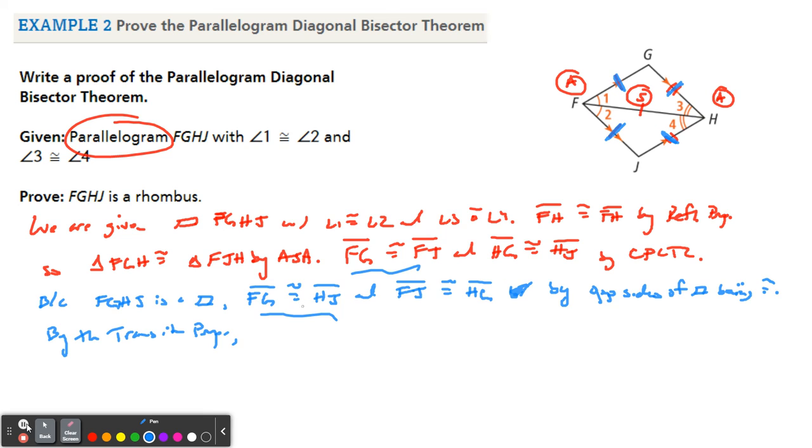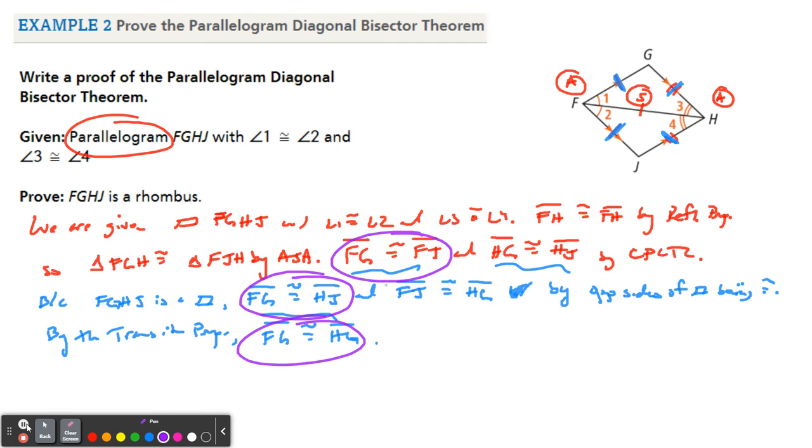So if I do a little substitution, I can replace HJ with HG. So FG is also congruent to HG. And now what I've done here is I've proven that FG is congruent to all the other sides, which means that all four sides are congruent to each other.